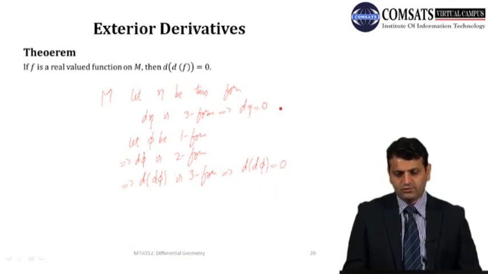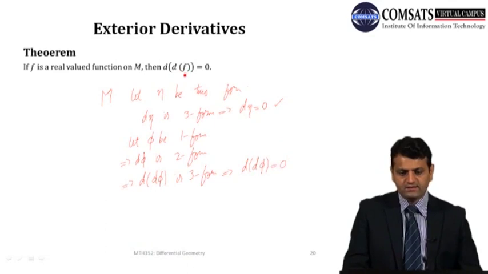So if I take a 2 form or a 3 form, this result is true for them. So the only thing to prove was d of df where f is a 0 form. So for that we had to prove this result. The proof of this we are omitting. So it is not in the course.